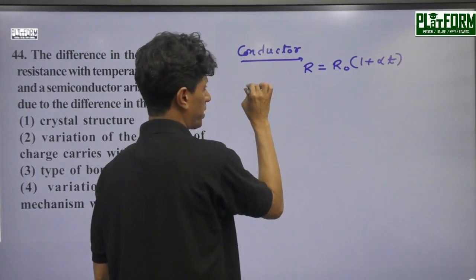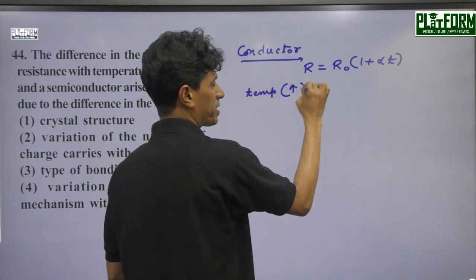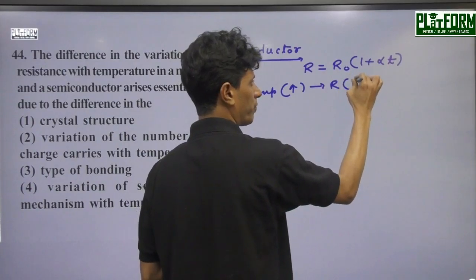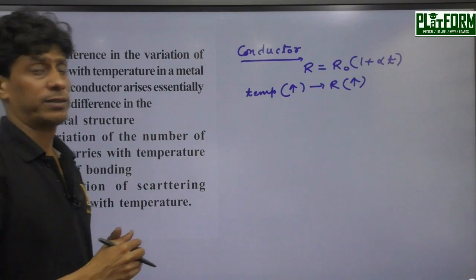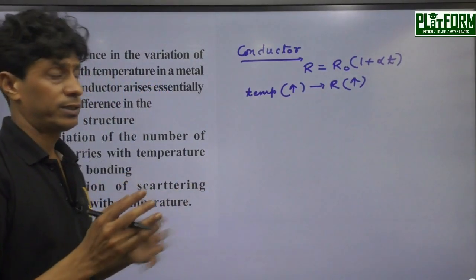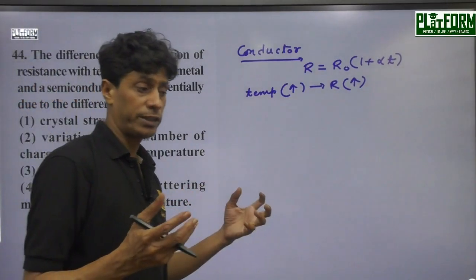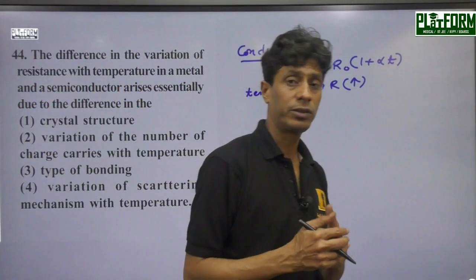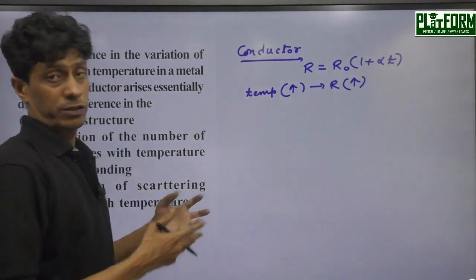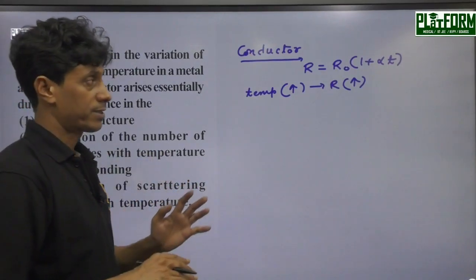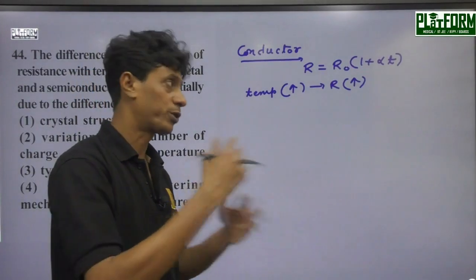So with the rise of temperature, resistance of the conductor increases because of the thermal velocity of electrons, energy getting from an external agent, and the conductivity of the conductor decreases, and hence resistance increases.